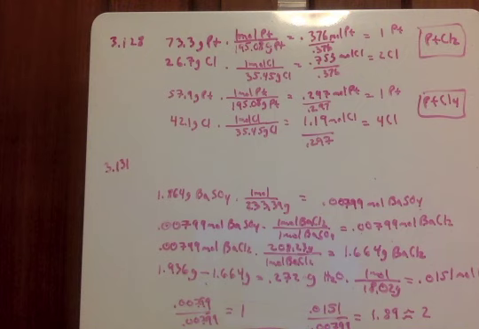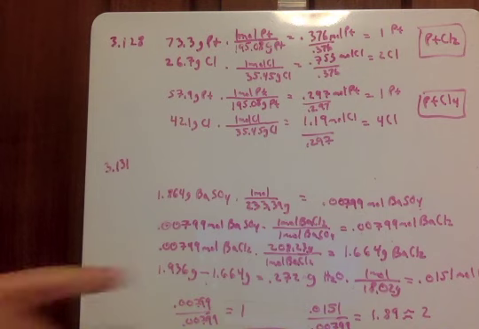1.864 grams of barium sulfate is what they tell us in the problem. Dividing by barium sulfate's molar mass, I get 0.00799 moles of barium sulfate. Recognizing that both barium sulfate and barium chloride have one barium atom, Ba and Ba, I come to the conclusion that for every barium sulfate there must have originally been one barium chloride.